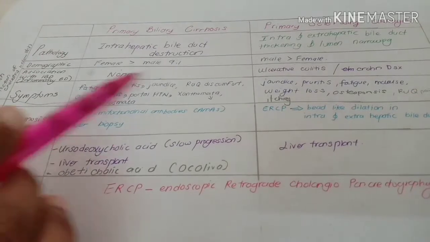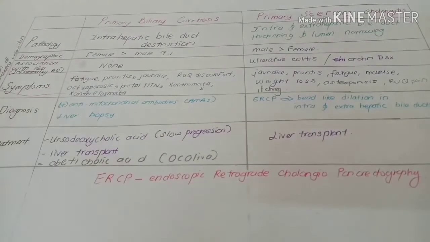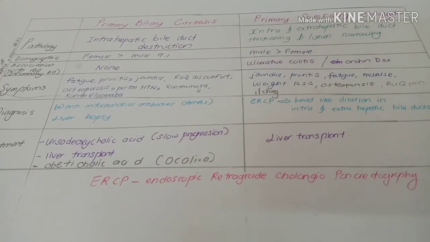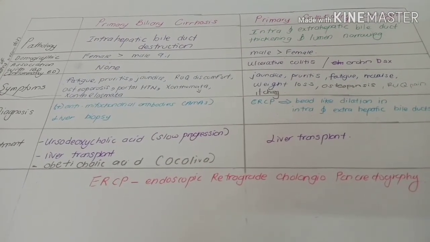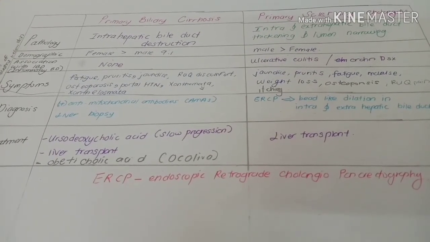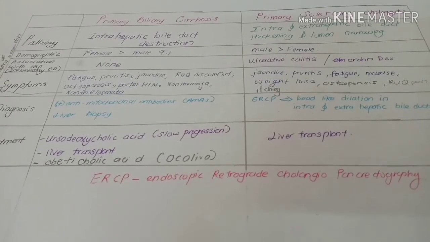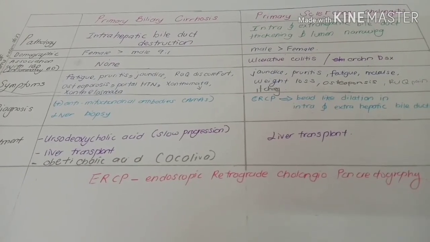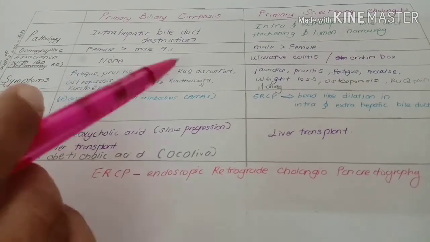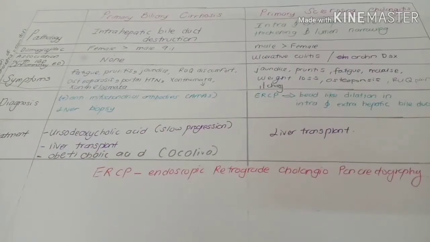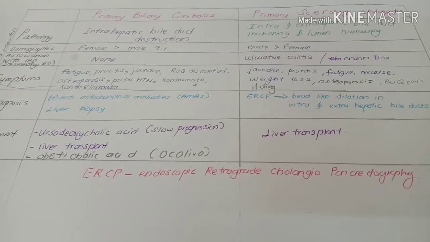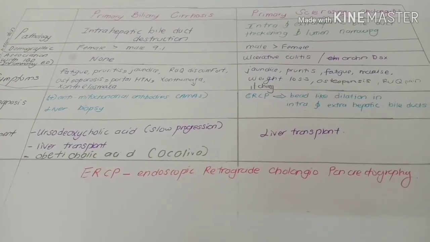And for weak bones, for osteoporosis, I told you before, you can exercise to increase your bone density. And also you can take calcium and vitamin D supplements. And for vitamin deficiency, and the xanthomata I told you about, you can take vitamins such as vitamin A, D, E, K to improve your vitamin levels.